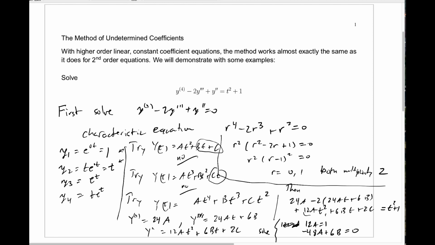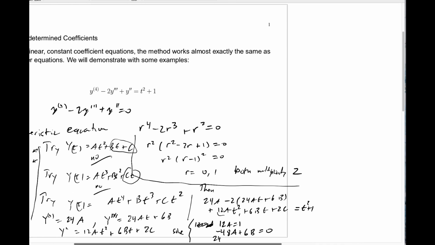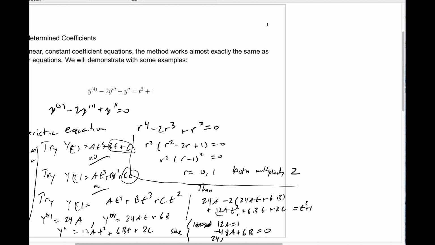And finally, if we match constant terms, here we have the constant term 24a, and then here we have the constant term minus 12b, and then here we have the constant term plus 2c, and that must be equal to the constant term here, which is 1.